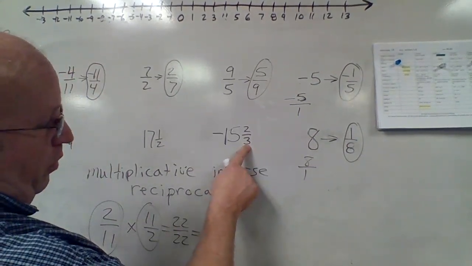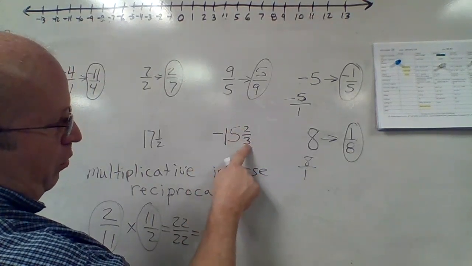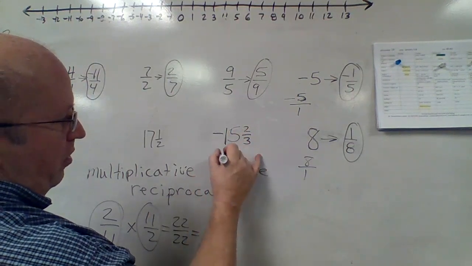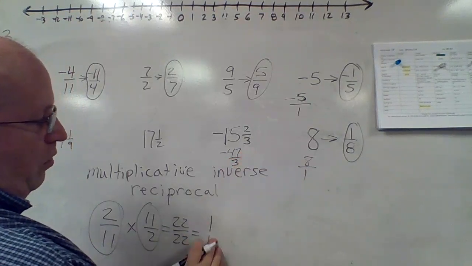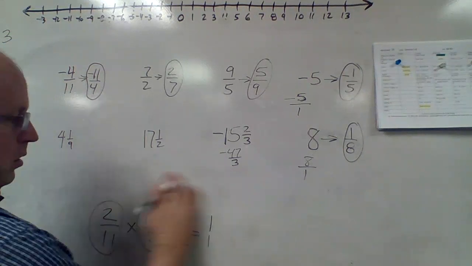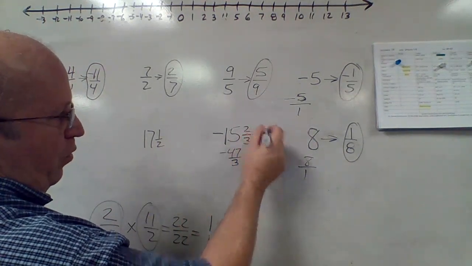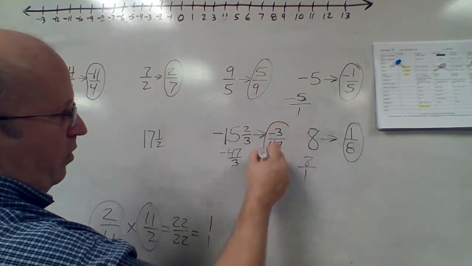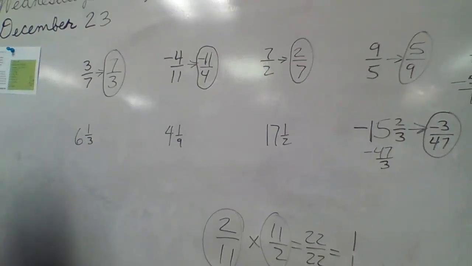This small number, 3, times the -15 plus the 2. 3 times negative 15 is negative 45, plus 2 is negative 47 over the same denominator of 3. And we'll get rid of this because we don't need that anymore. And since this equals that, therefore the reciprocal would be negative 3 over 47, wouldn't it? Negative 3 over 47.